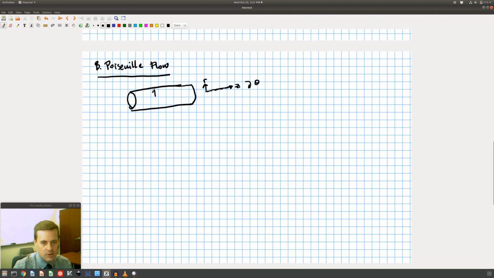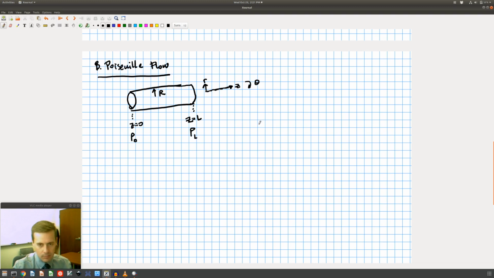I'm going to call this distance R, and I will call here z equals 0, and over here I'll call that z equals L. And I'm going to assume that at z equals 0 I have a pressure P0, and a pressure PL at L. And remember from pipe flow, we would expect that the pressure at 0 would be greater than the pressure at L. So we're pushing the fluid in this direction.